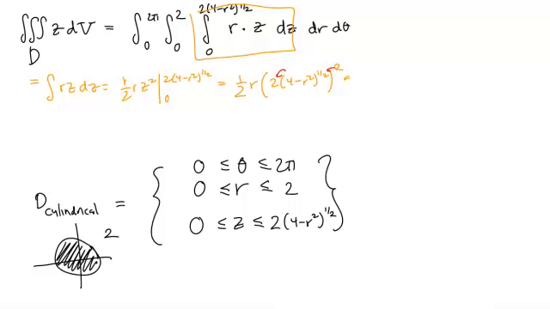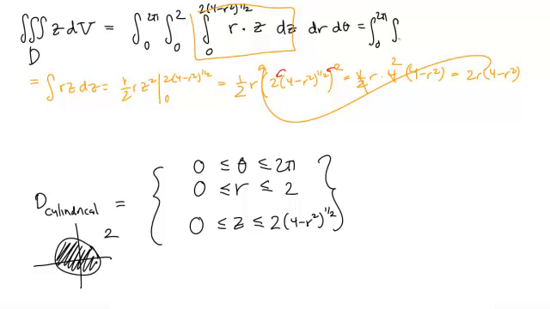And so this will be 1/2 r times 2 squared times the square root of 4 minus r squared, squared. And so that'll get us a grand total of 2r times 4 minus r squared, or if we plug this expression into here, the iterated integral from 0 to 2 pi of the integral from 0 to 2 of the expression 8r minus 2r cubed dr d theta.